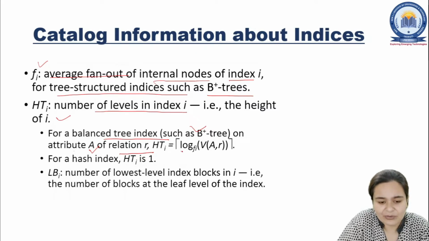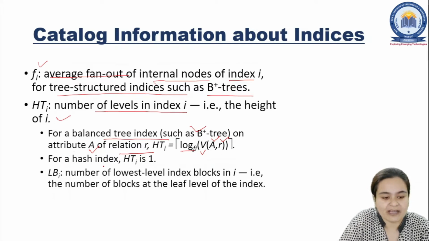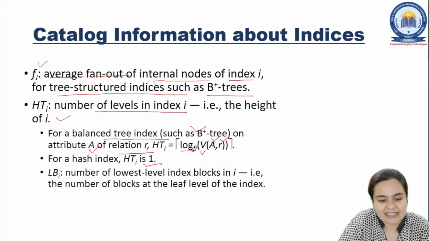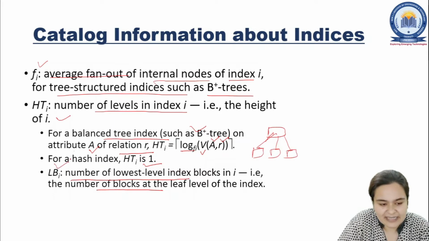So what we have to do is take a log of the number of distinct values of attribute A in relation R. For a hash index, HTi is 1, and LBi represents the number of lowest level index blocks in i, that is, the number of blocks in the leaf level. In the leaf level, if we have certain blocks, then we represent it as LBi.